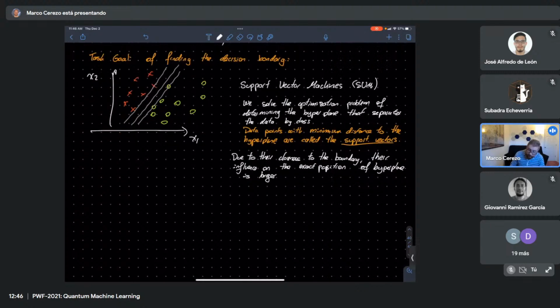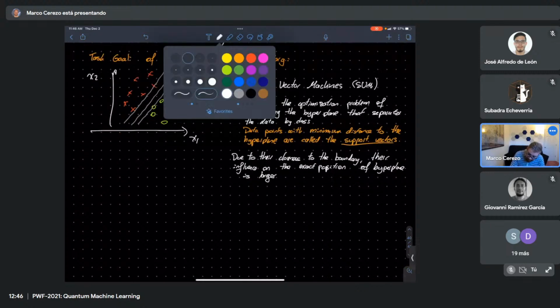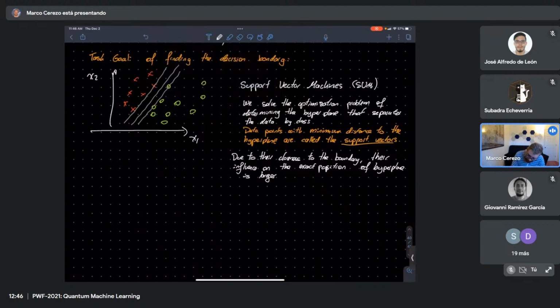And what people do here is that this optimization problem of trying to find what the decision boundary is.